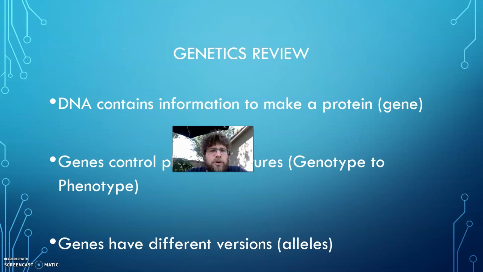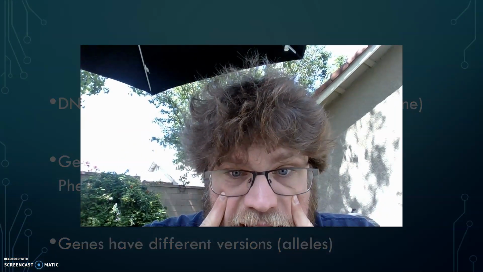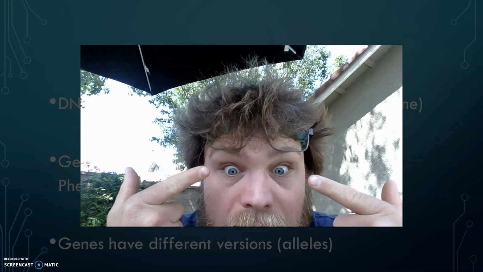We need to review genetics first. If you remember from January and February, DNA contains information to make a protein, what we've been calling a gene. Those genes control physical features, so the genotype leads to the phenotype. I have a piece of DNA that controls the pigment of my skin, and a piece of DNA that makes a gene that makes my eyes a certain color.